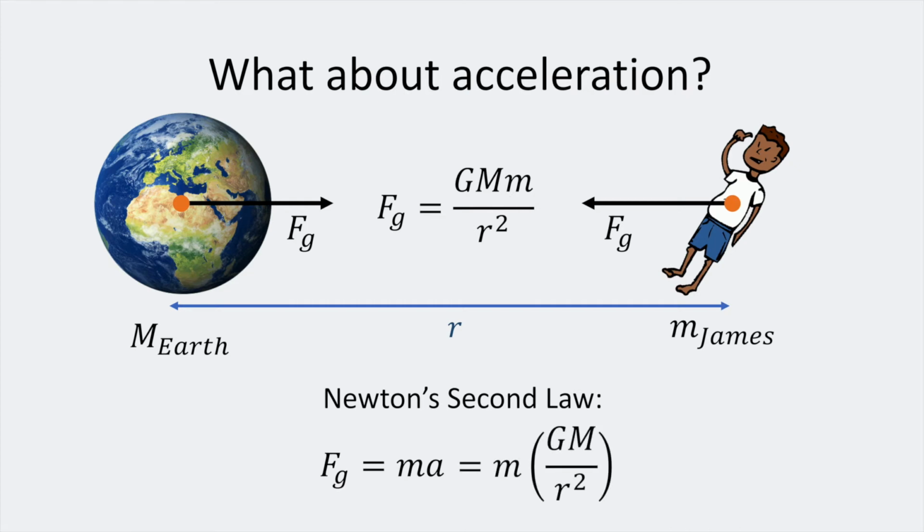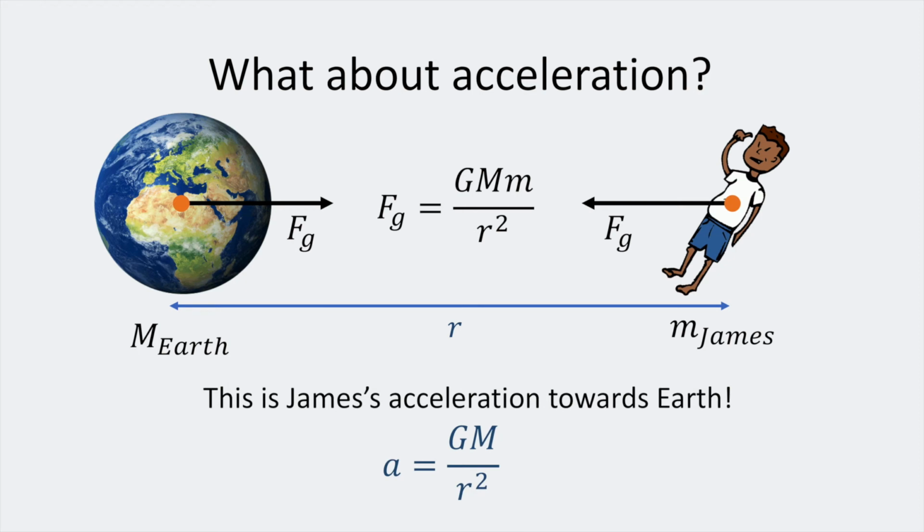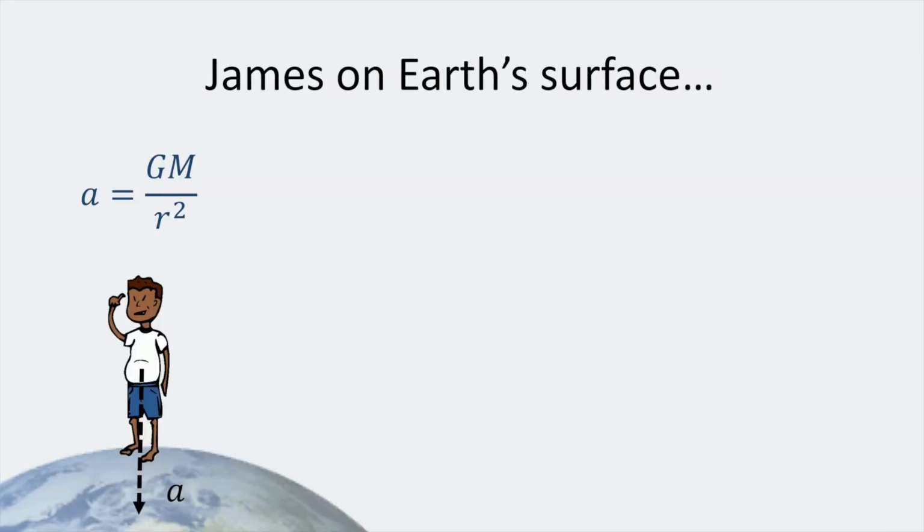And what we get is, of course, GMm over r squared, but we have factored out the m in front. And if we take this m to be the mass of James, we now see that within the brackets we have an acceleration. And this is what James is going to experience as his acceleration towards Earth.